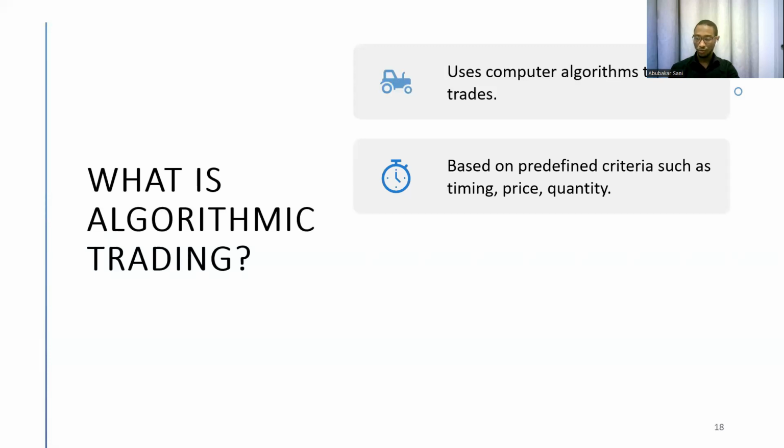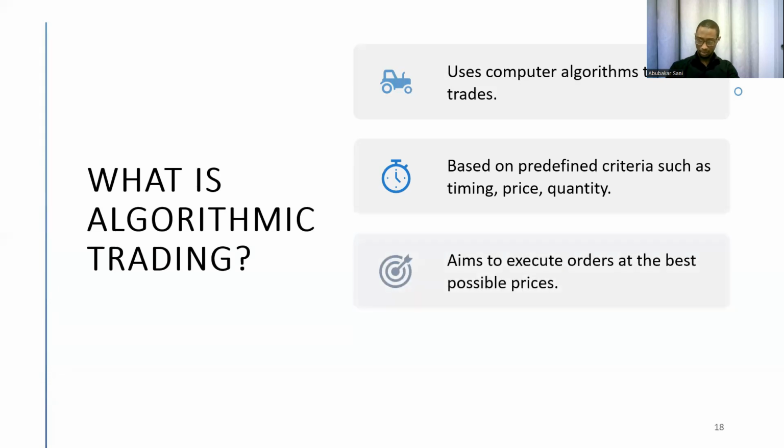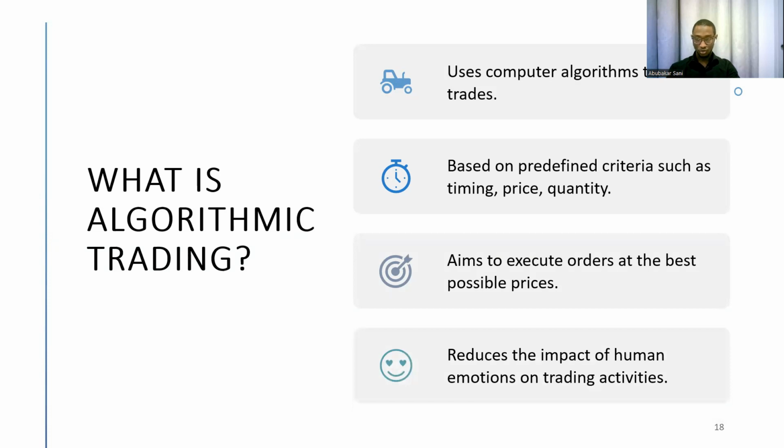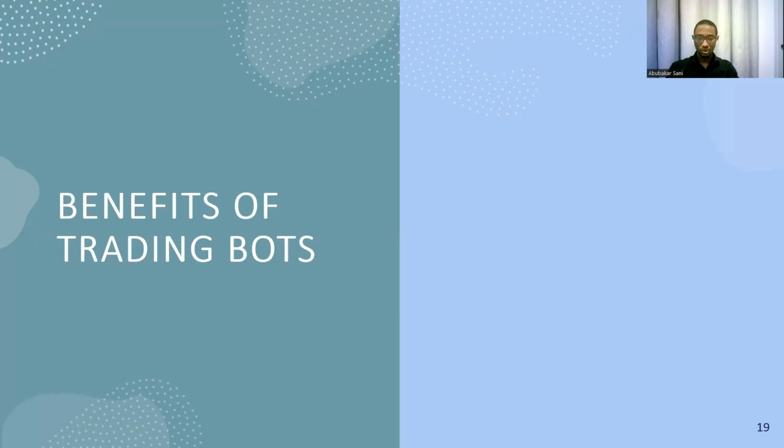It could be part of your strategy so that it helps you determine when, how much, and what amount. This way you will be able to execute orders at the best possible prices, and by doing this you reduce the impact of your emotions. And as I said, psychology and human emotions are our biggest enemies when it comes to trading and investing.